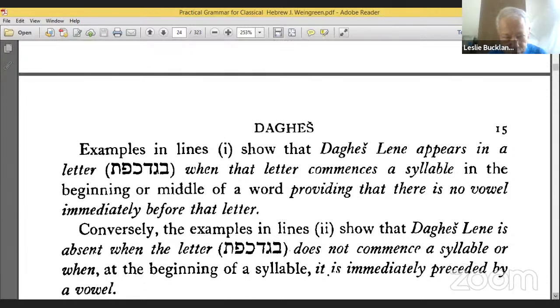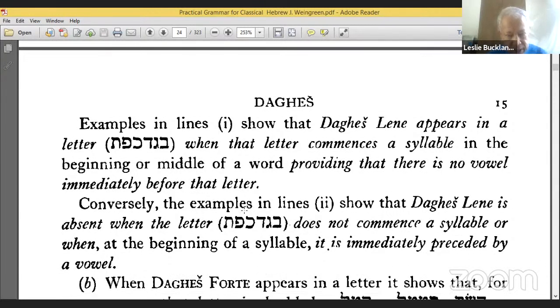The opposite is true. The examples in lines 2 show that Dagesh Lenny is absent when the letter Veith, Gimel, Thalith, Kaf, Fe, Thau does not commence or begin a syllable, or when at the beginning of a syllable, it is immediately preceded by a vowel.